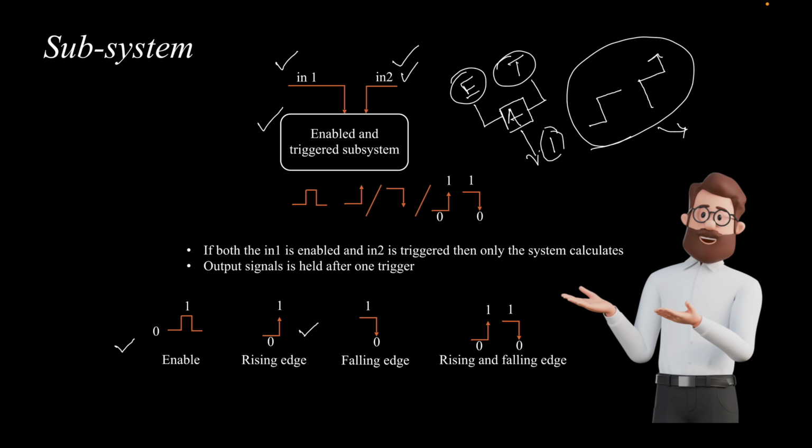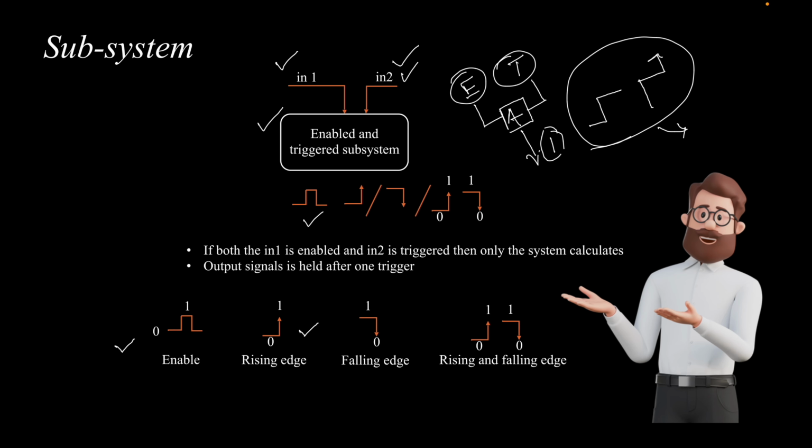So in case of the enabled and triggered subsystem, we do have some choices. First is the enable one, which will stay as it is, because the enable cannot have multiple varieties.